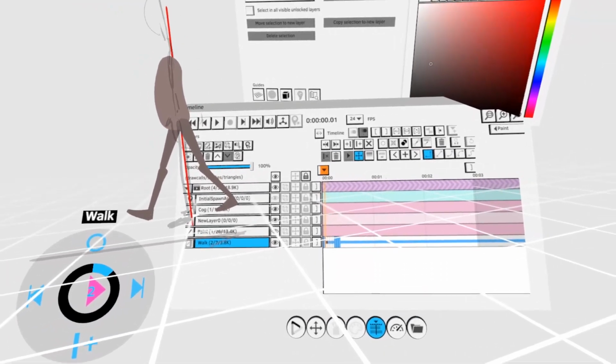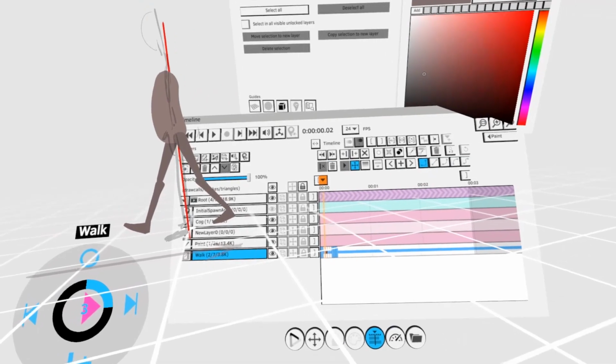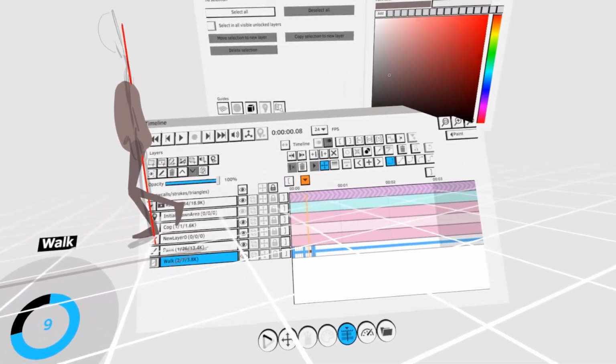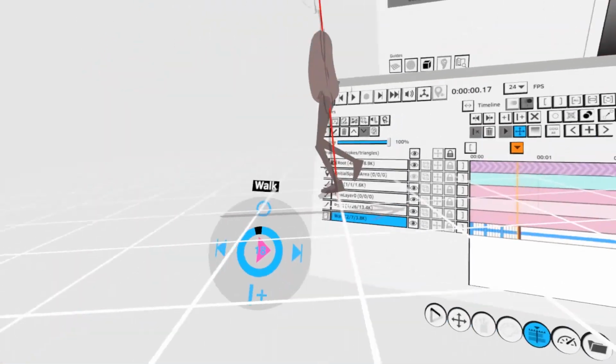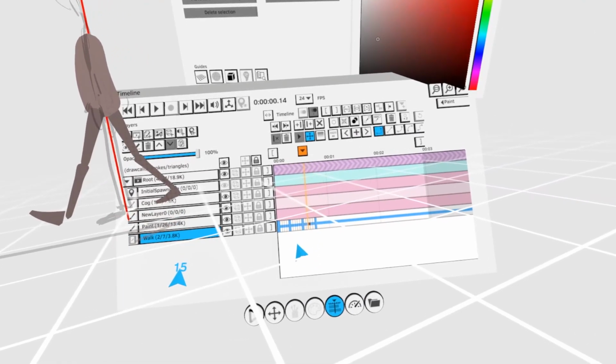So I'm holding this keyframe 1, 2, 3, 4, 5. And we are at 18 frames now.